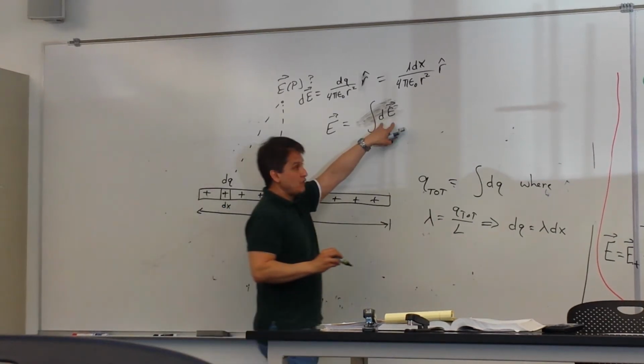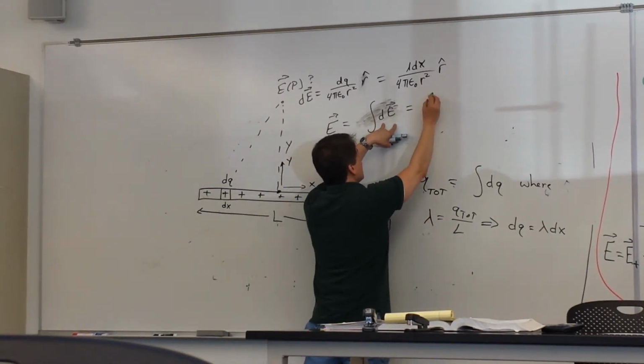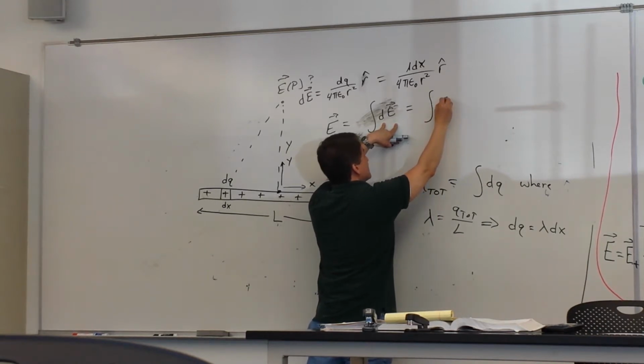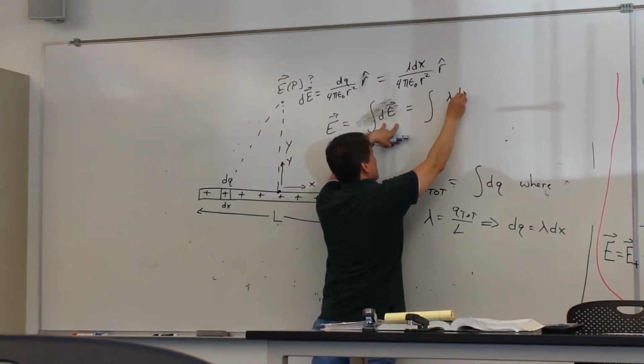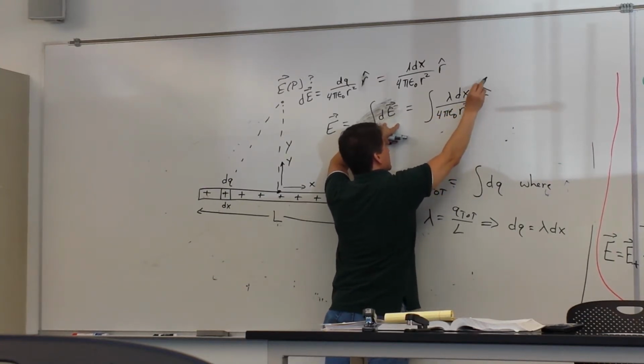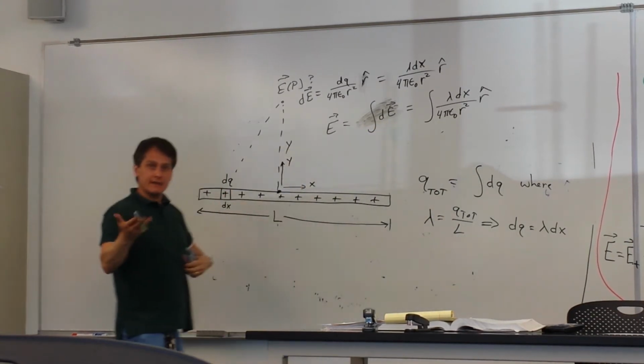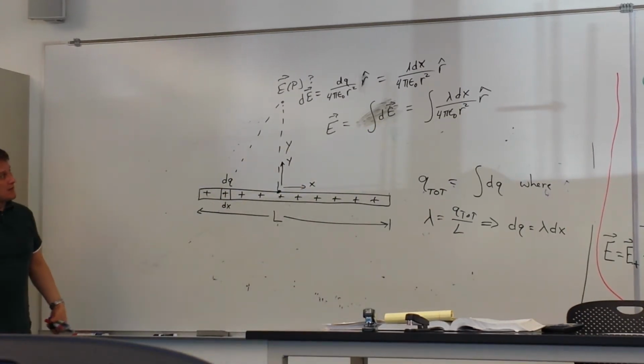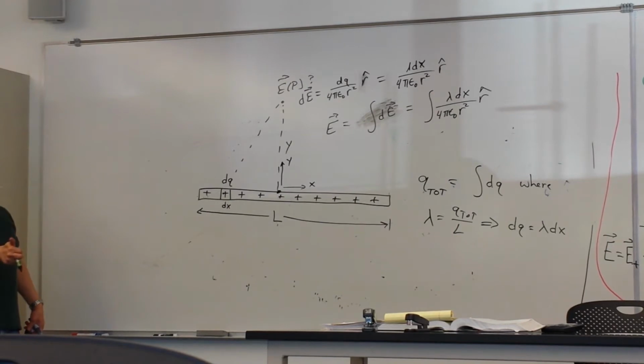Each electric field component would be related to lambda dx over 4 pi epsilon naught r squared, pointing in the direction of r. Now we've got a little bit of a problem here. If I want to evaluate this, r is not constant, nor is the direction, the unit vector r.